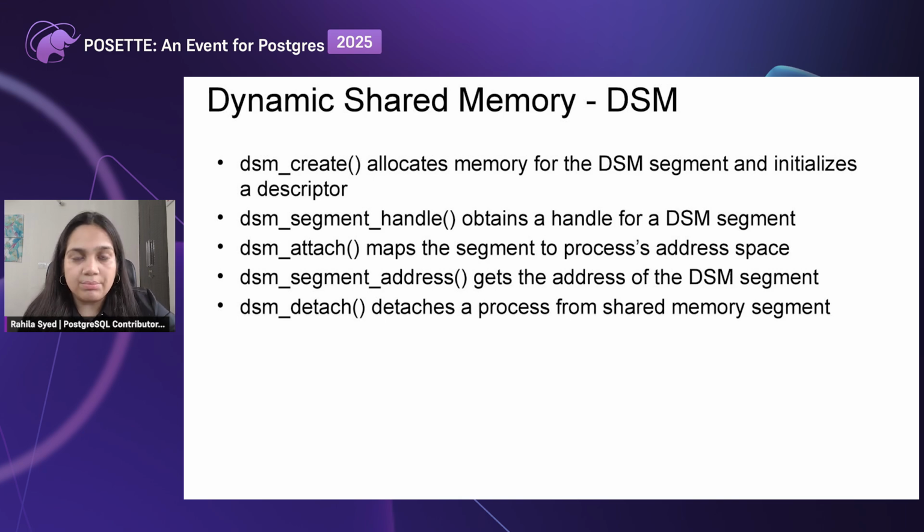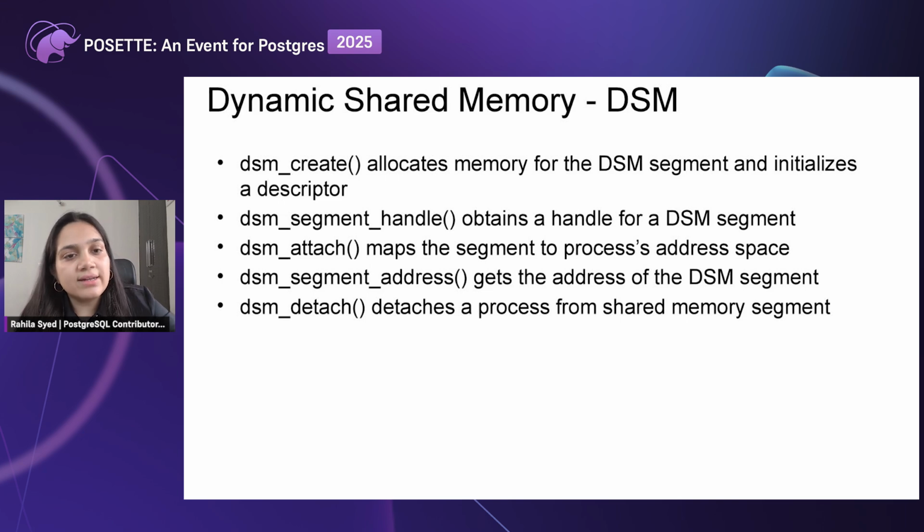This will allocate memory for the DSM segment, and it will also map that DSM segment to the process's local memory. The dsm_create returns a descriptor, which can then be passed to dsm_segment_handle to obtain a handle to the DSM segment. This handle can be shared between the processes trying to share information.